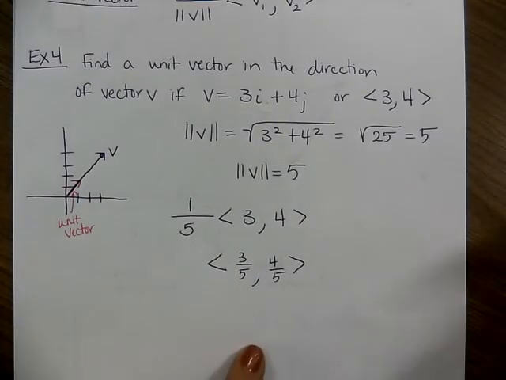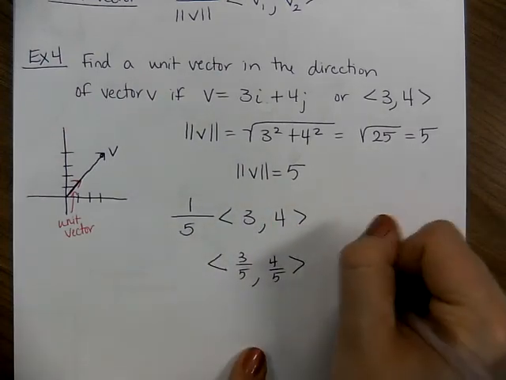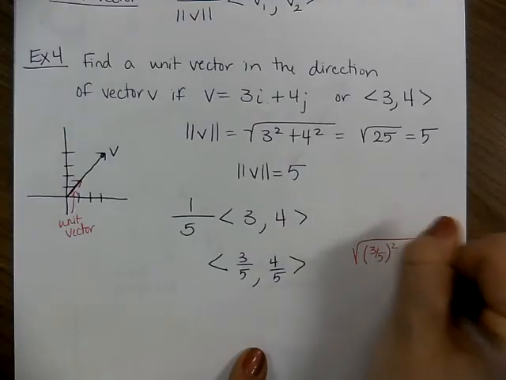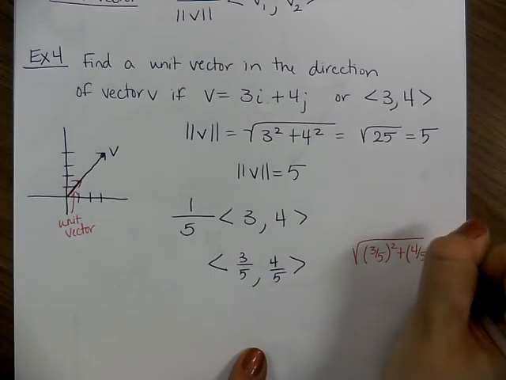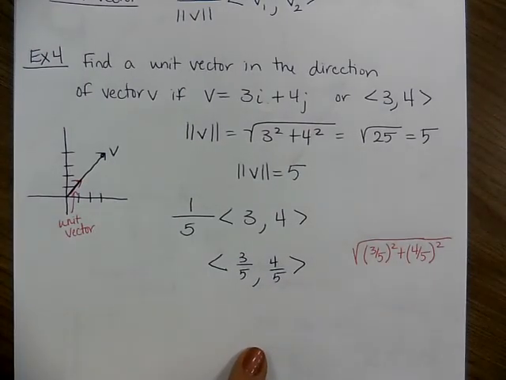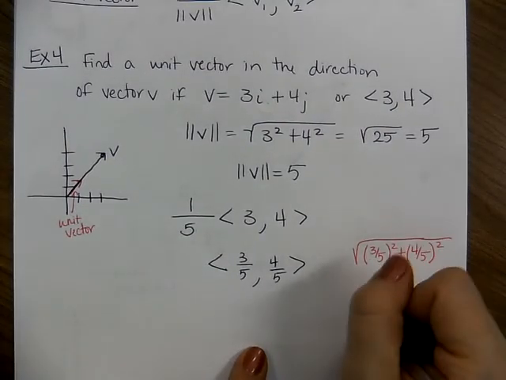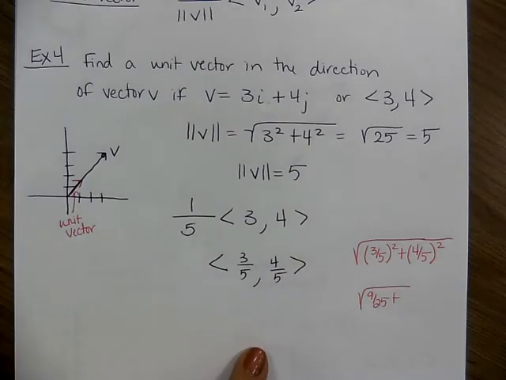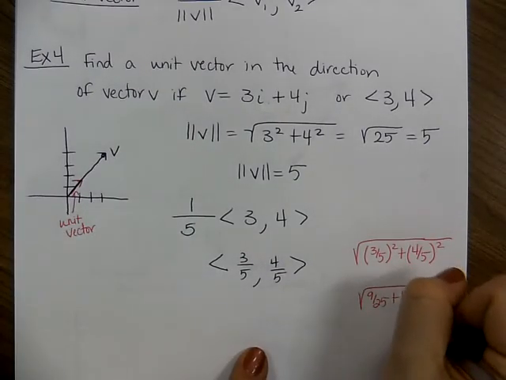Now, if you don't believe me, we can check it. Let's find the magnitude of this unit vector. I just have to do (3/5) squared plus (4/5) squared. And if this is really the unit vector, what will my answer be? 1. So what's (3/5) squared? 9/25. What's (4/5) squared? 16/25.